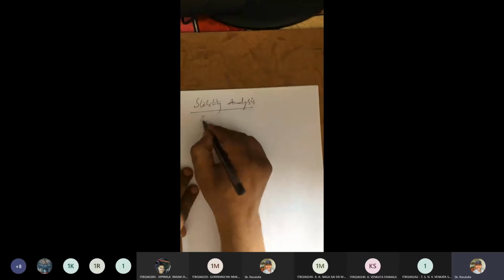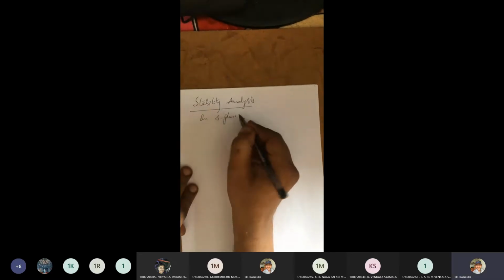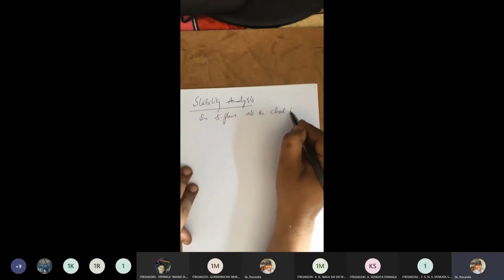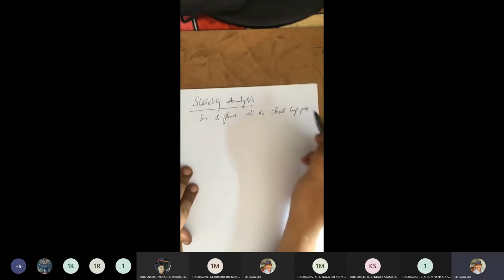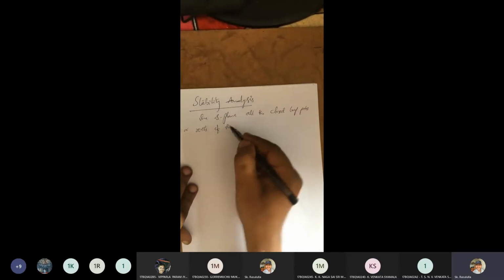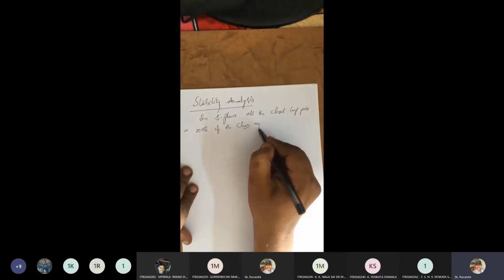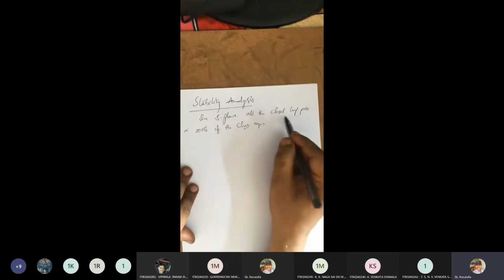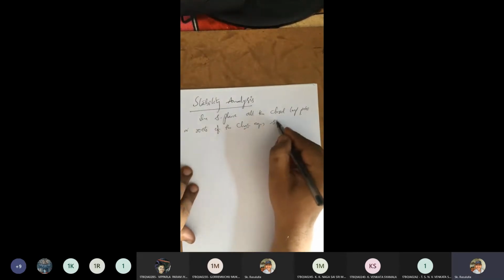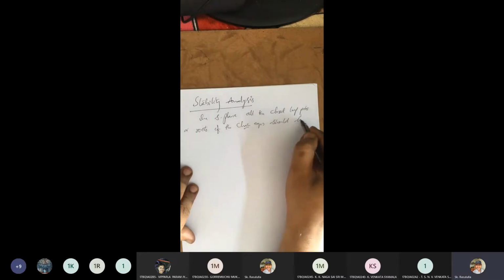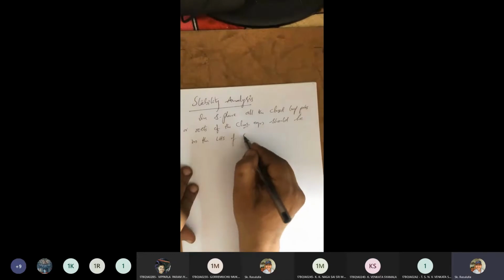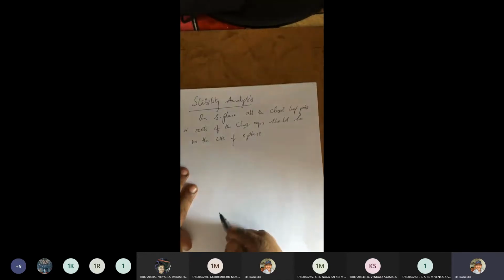In S plane, for stability, all the closed loop poles, or you can say roots of the characteristic equation, must lie in the LHS of S plane.